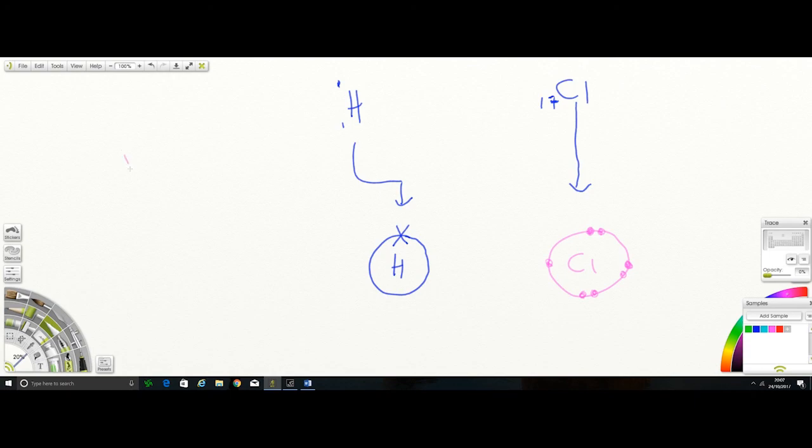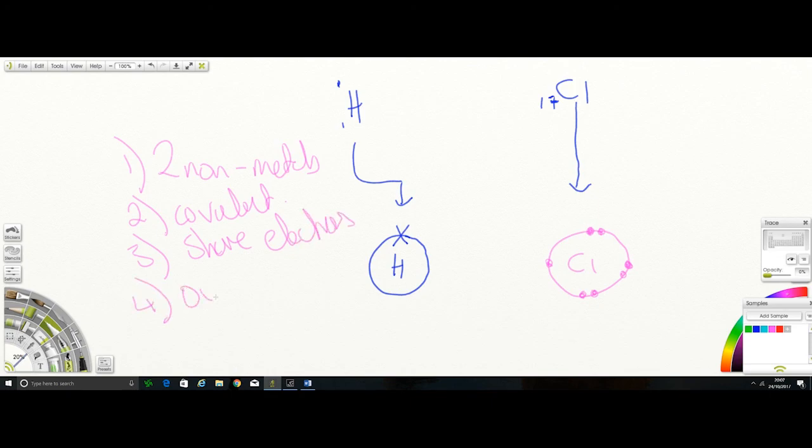Number 1, these are 2 non-metals. As soon as you see that they're 2 non-metals, this is therefore covalent bonding. What you need to know about covalent bonding is that electrons are shared, and it involves the outermost electrons. And that is really covalent bonding summed up.